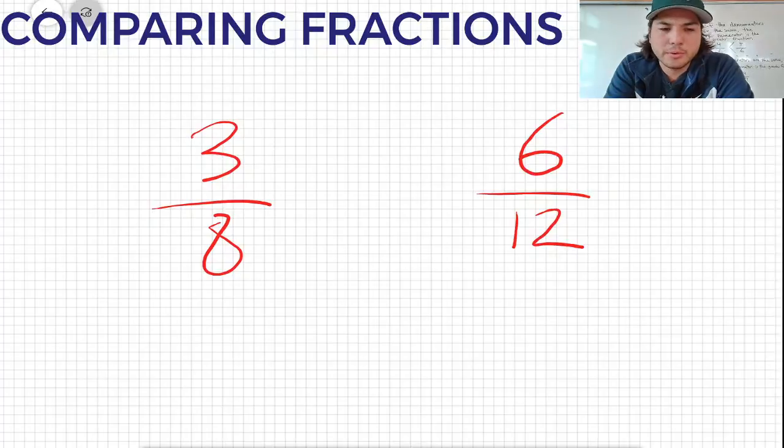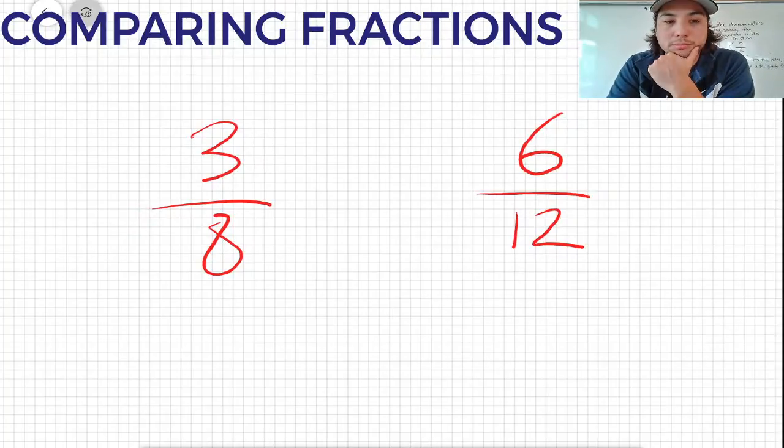So 3/8 or 6/12, which one is greater? Now, what's the fastest way to get us to a comparison? Because we want to be able to have either the numerators be the same or the denominators be the same.